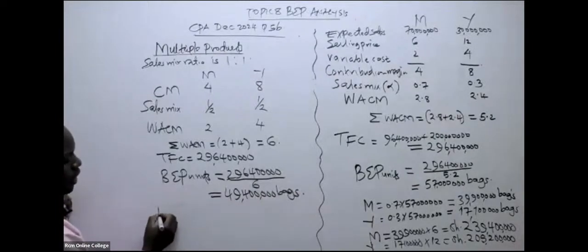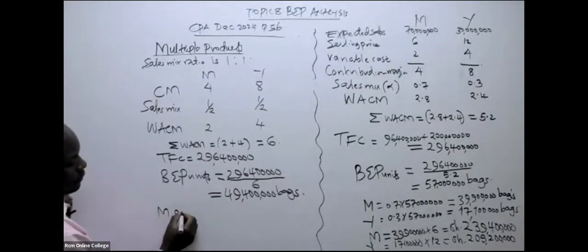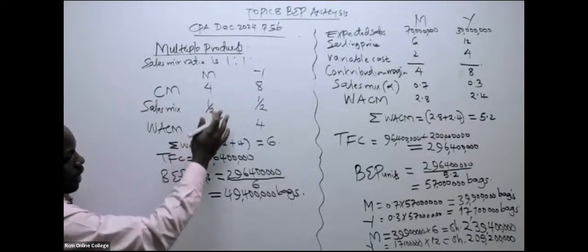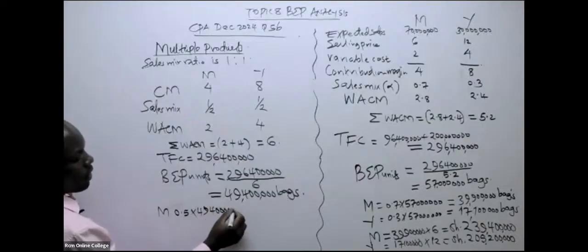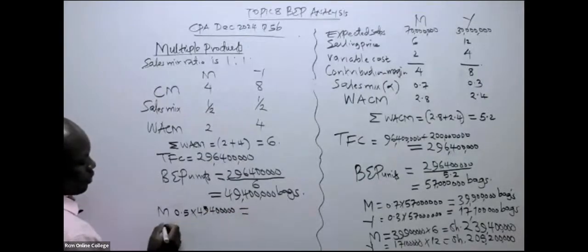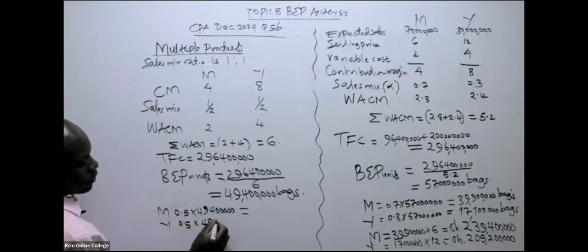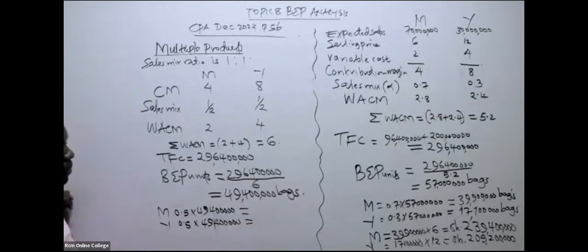So for product M, it will be half or 0.5 of 49,400,000 bags. What will we have? Product Y, 0.5 of 49,400,000. Product M, 24,700,000.